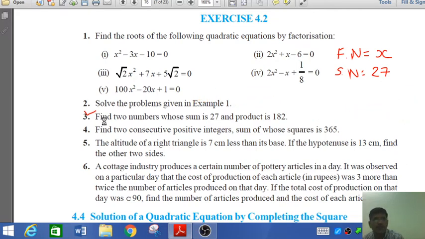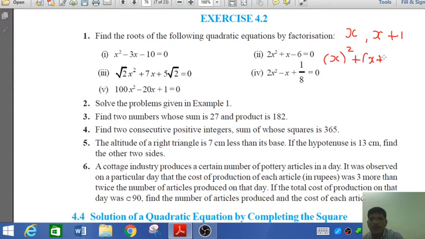One more sum, that is the fourth sum. I am explaining it again, it is very easy, so I am not repeating it now. Two consecutive positive integers. If I take the first number x, then the second number is x plus 1. Now the sum of squares, so I have to make squares: x square plus x plus 1 whole square is equal to 365.